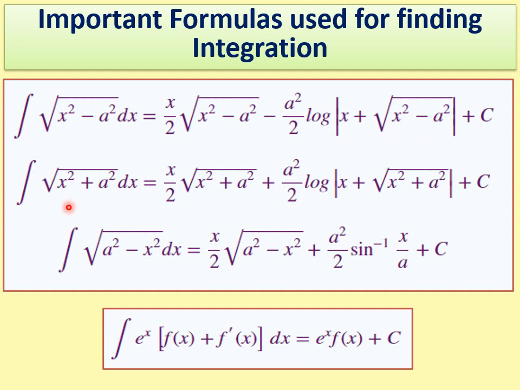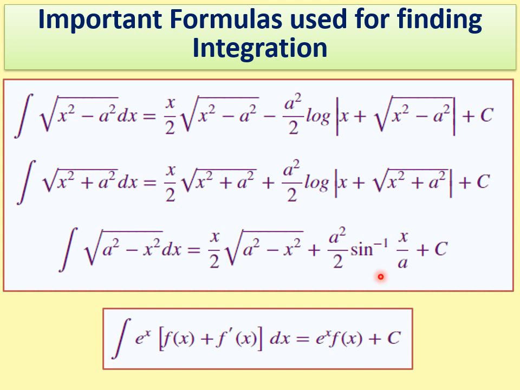Next is integral under root x square plus a square dx equals x over 2 under root x square plus a square plus a square over 2 log modulus x plus under root x square plus a square plus c. Next is integral under root a square minus x square dx equals x over 2 under root a square minus x square plus a square over 2 sin inverse x over a plus c.